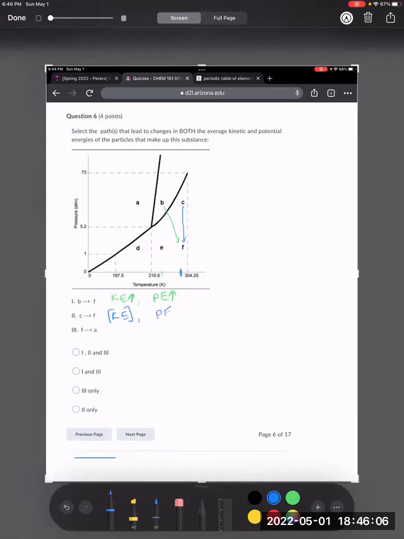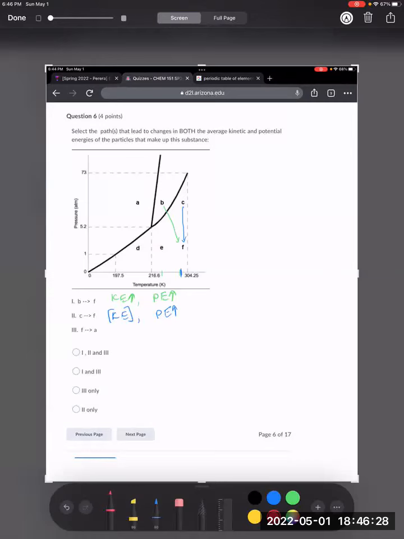Potential energy must increase when you go from C to F. The reason is when you lower the pressure, the distance between the particles might increase, and as a result of that, intermolecular forces are weakened, therefore the potential energy slightly increases. All right, let's move on to the next one.